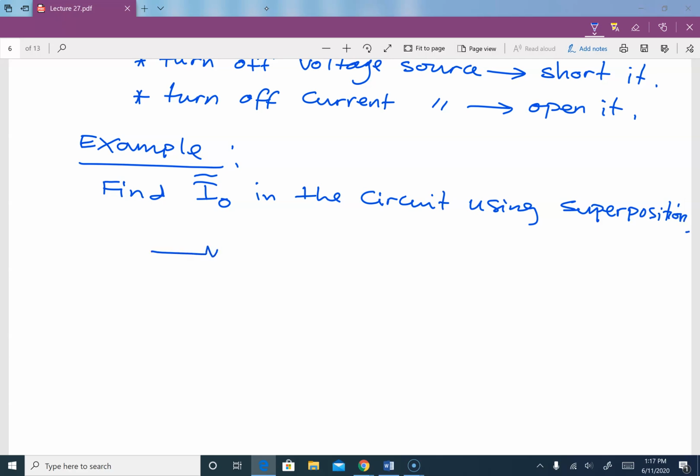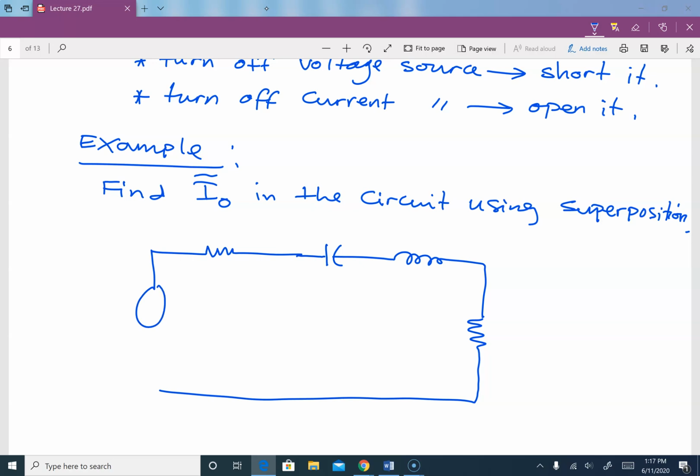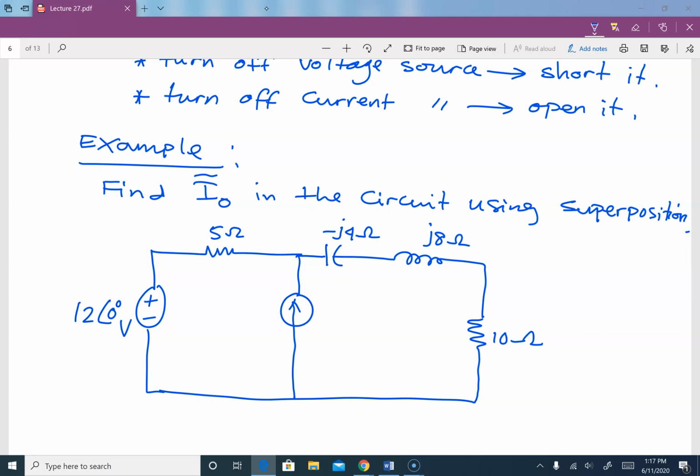And this is our circuit here. 12 with angle 0 volt, 5 ohm, negative J4 ohm, J8 ohm, 10 ohm, and we have a current source over here, and that is 2 with angle 0 ampere.